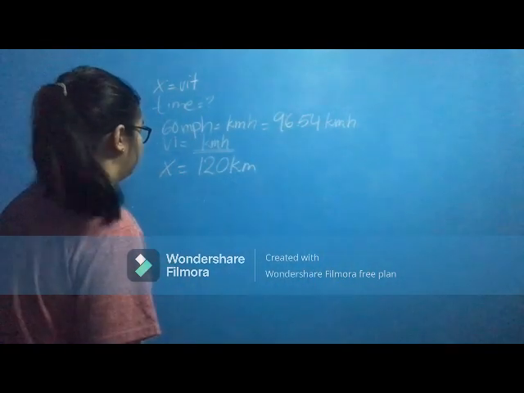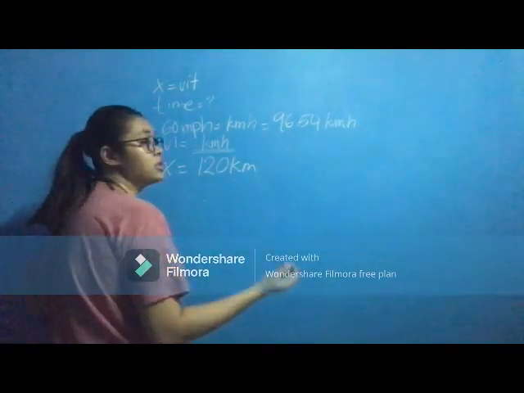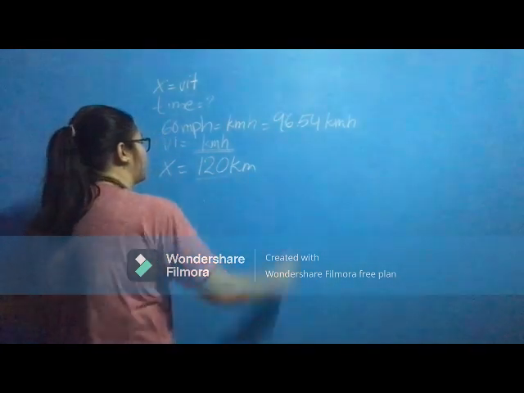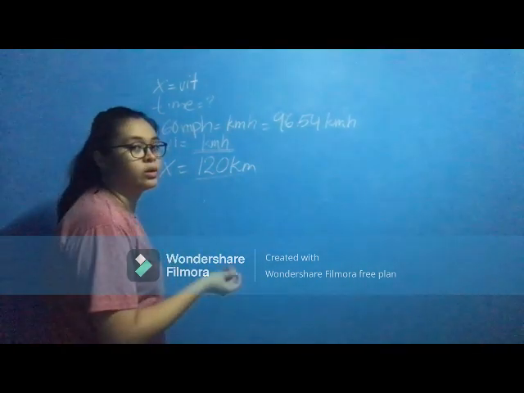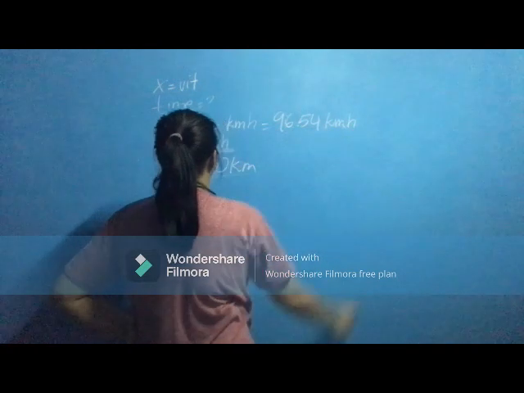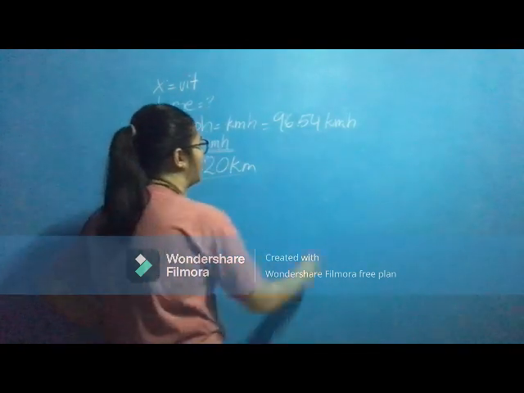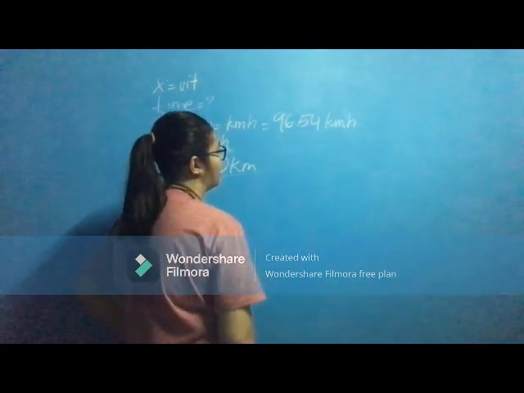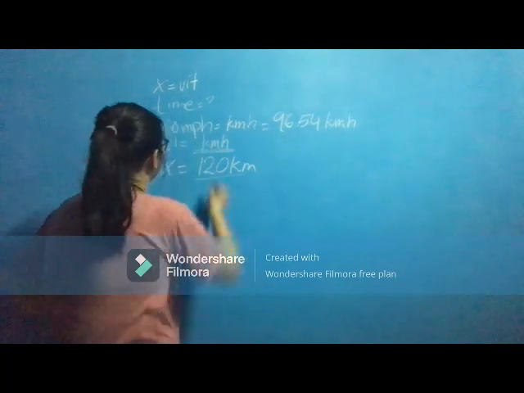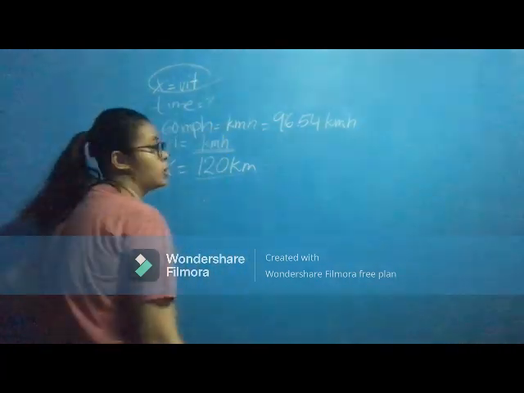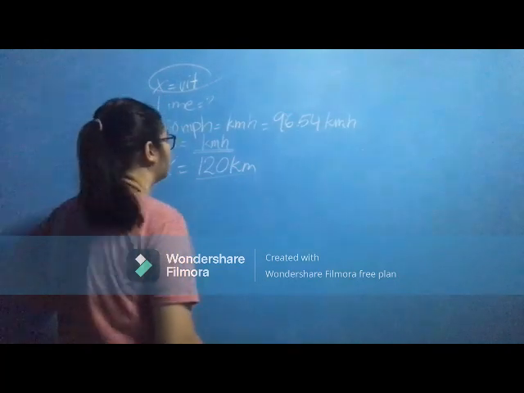Our distance, or the X, is 120 kilometer. That was the whole point why we want to convert 60 miles per hour to 96.54 kilometer per hour.